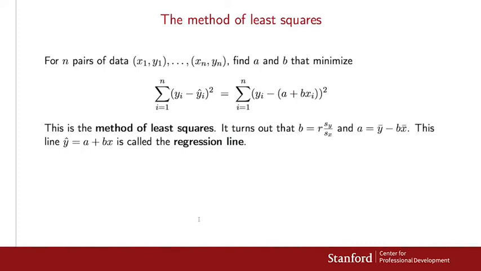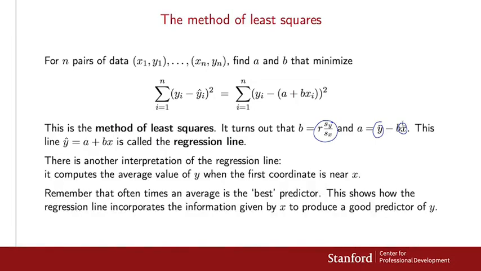It turns out that the solutions involve all the summary quantities that we looked at before. The slope equals the correlation coefficient times the ratio of the two standard deviations, and the intercept involves the means as well as the slope previously derived. This line is called the regression line. Now there's another interpretation of the regression line.